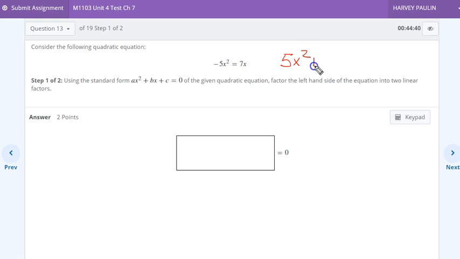And then this is a positive 7x, and this equals 0. But in here, they want us to factor it. So the only common factor is x. In fact, let's put it up here. So I'm going to write the answer in there.